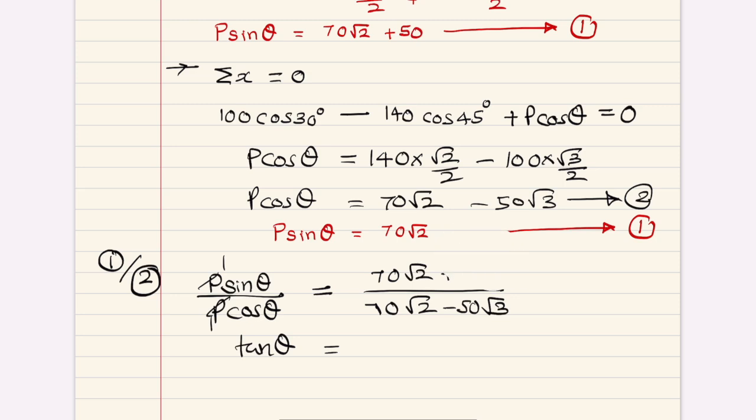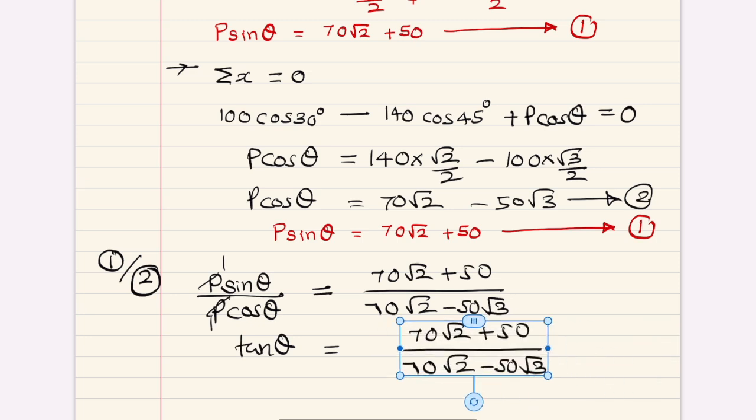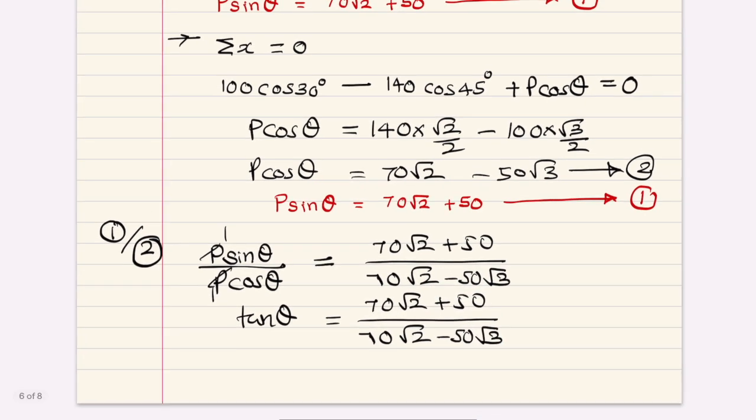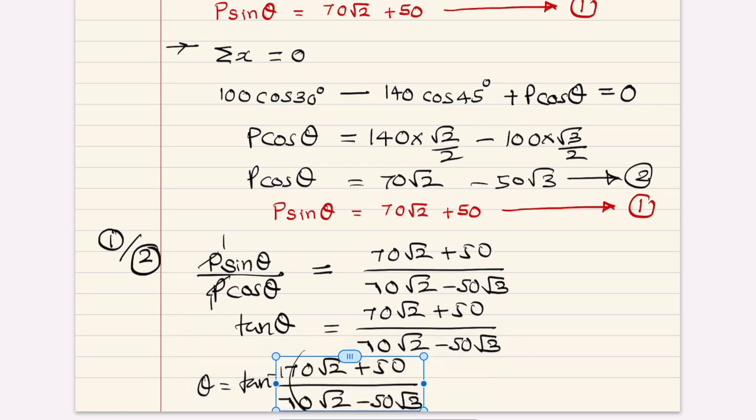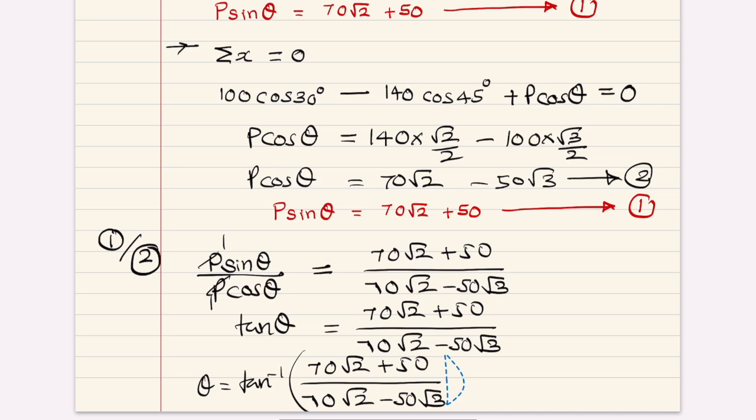It will be the same thing that's going to get repeated, so I'm going to copy that one. I'll be writing here, and my theta is going to be tan inverse of this number.